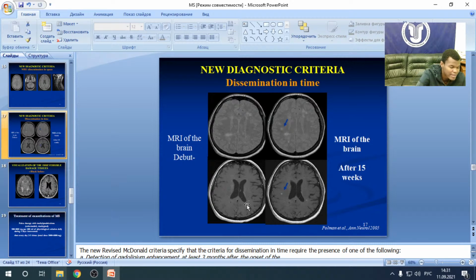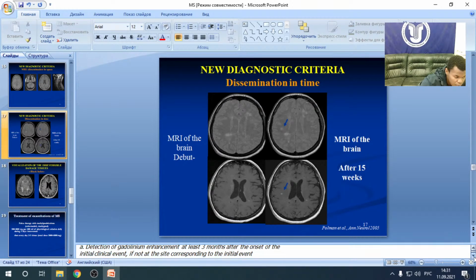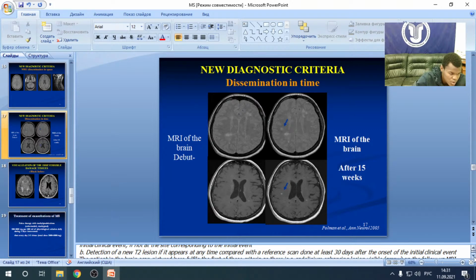So when you get 3 foci now, and after 3 months you ask the patient again to perform the MRI, you'll see that the foci will be increased. So this is what we are talking about: dissemination in time.